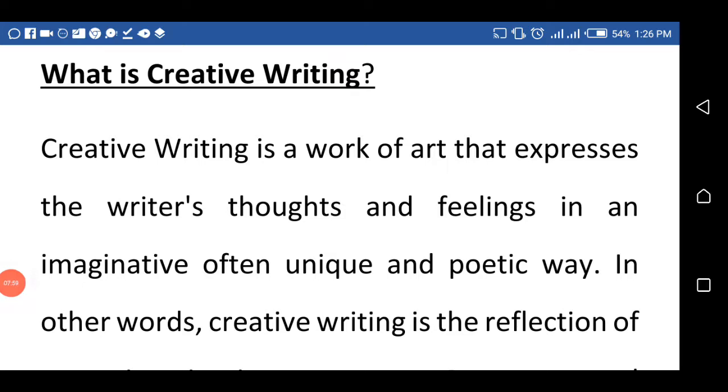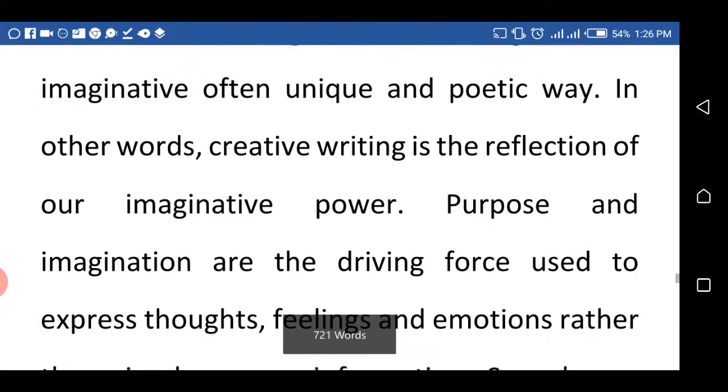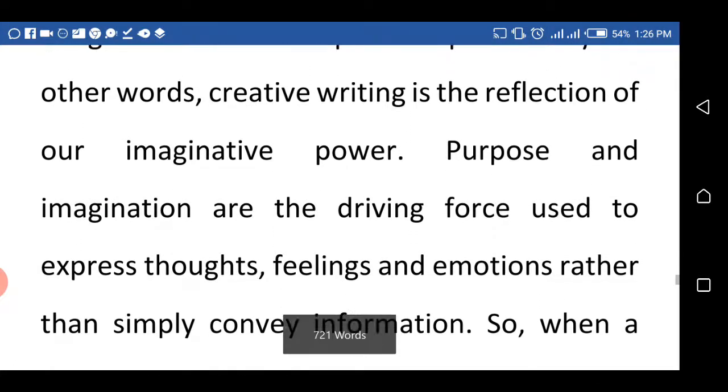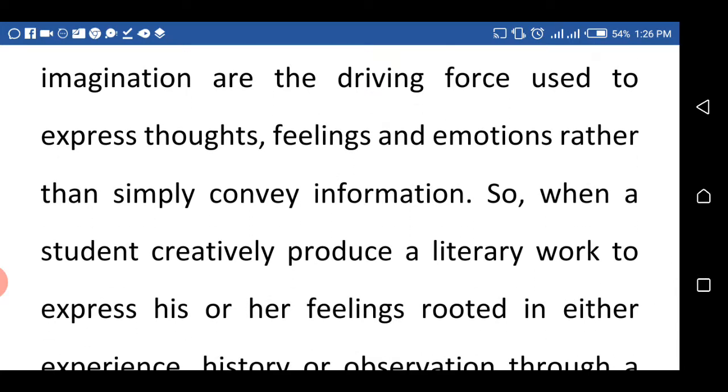Creative writing is a work of art that expresses the writer's thoughts and feelings in an imaginative, often unique and poetic way. In other words, creative writing is the reflection of our imaginative power. Purpose and imagination are the driving force used to express thoughts, feelings, and emotions rather than simply convey information.